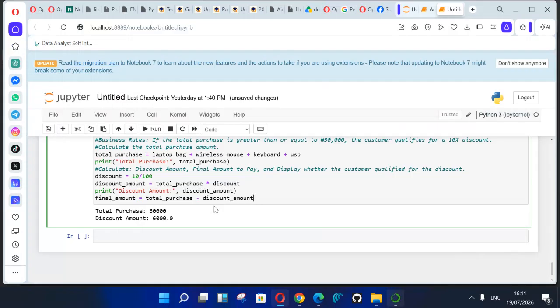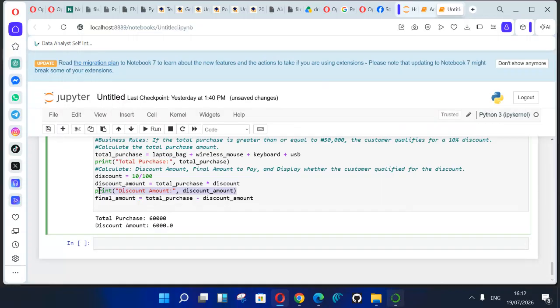Qualify. Okay. Final amount is, should we print? Discount amount, final amount. Just final amount.